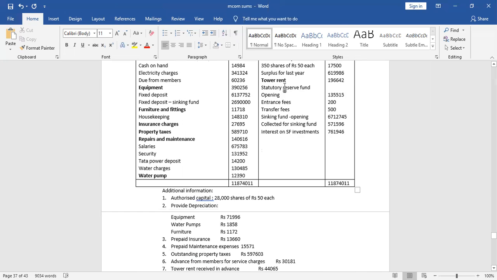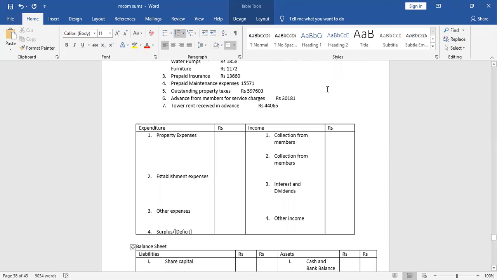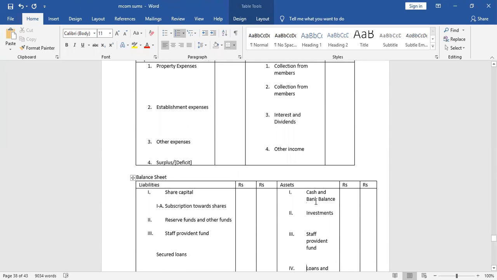This is investment, so we will write under investment: add accrued interest on FD sinking fund.